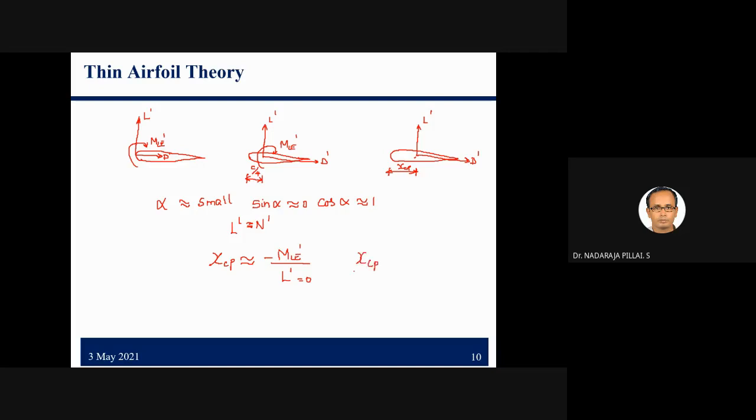Then xCp moves to infinity. So it is not always a good idea to consider the center of pressure for all our discussion in aerodynamics. Hence, it is necessary to formulate another definition which can suit various purposes, right?